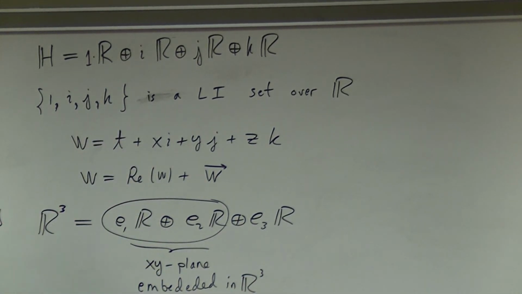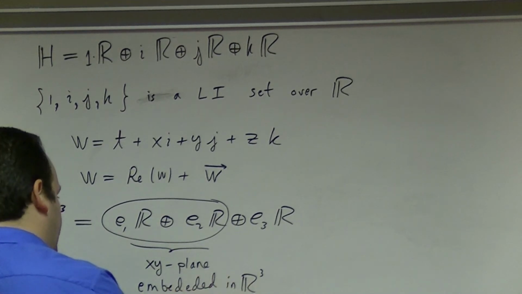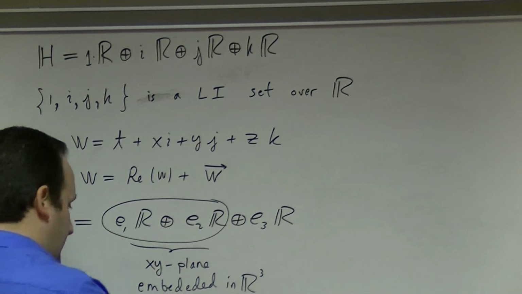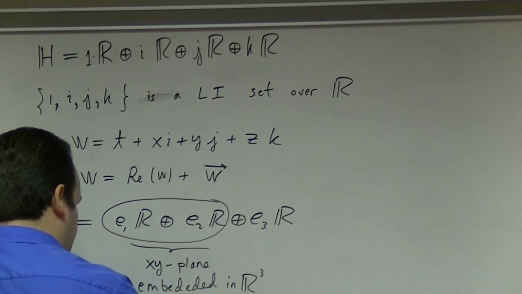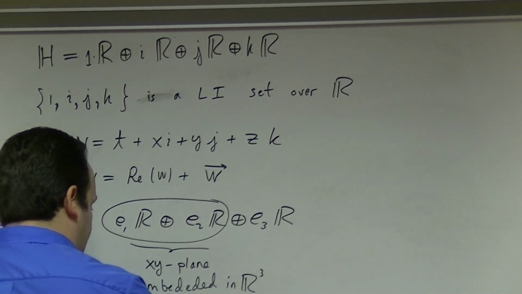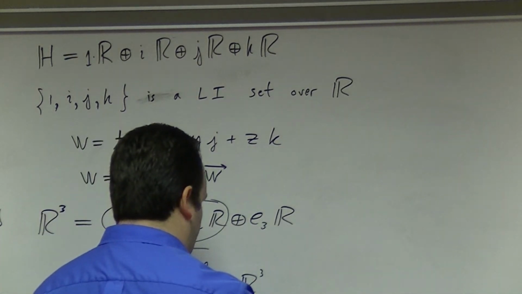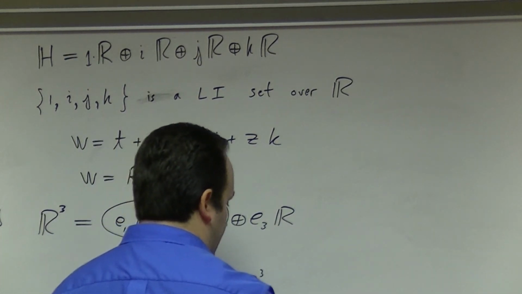So what I mean is that the xy plane, I would say, is just R2, right? If I want to talk about an isomorphism, I could say phi of (x, y) is, to embed that in R3, (x, y, 0).